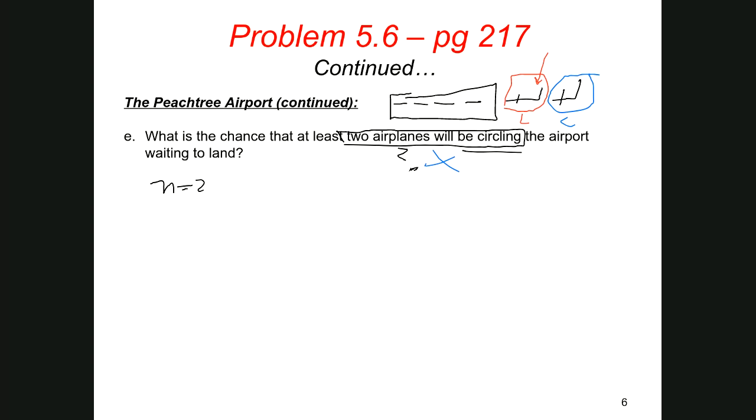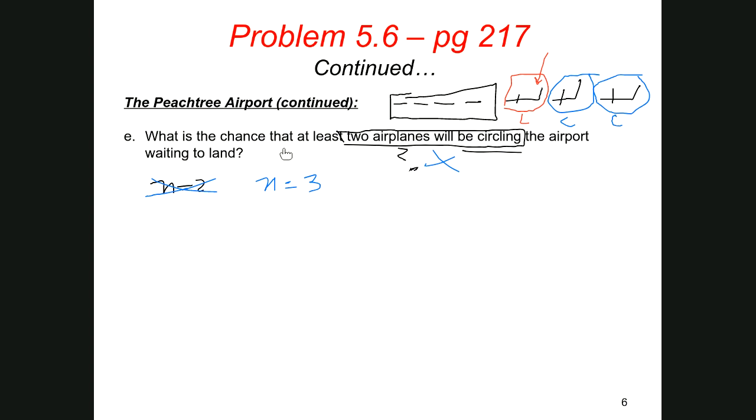So in fact, what we want to know is there actually has to be 3 airplanes in the system. And now when there's 3 airplanes in the system, 2 are circling. So it's not n equal 2. What we want to look at is the situation where we have at least 3 in the system, because 1 is landing and 2 are circling.